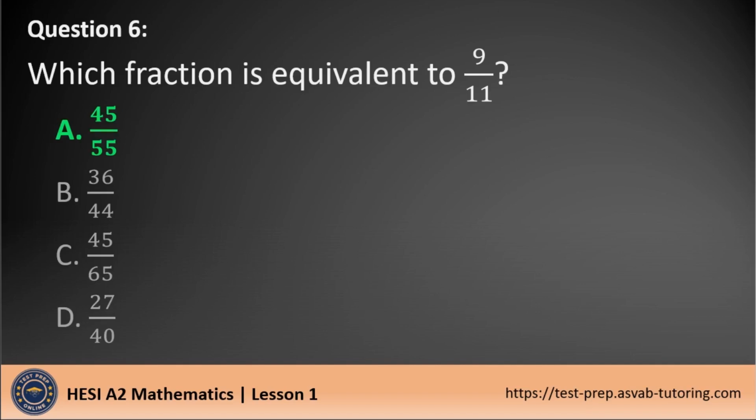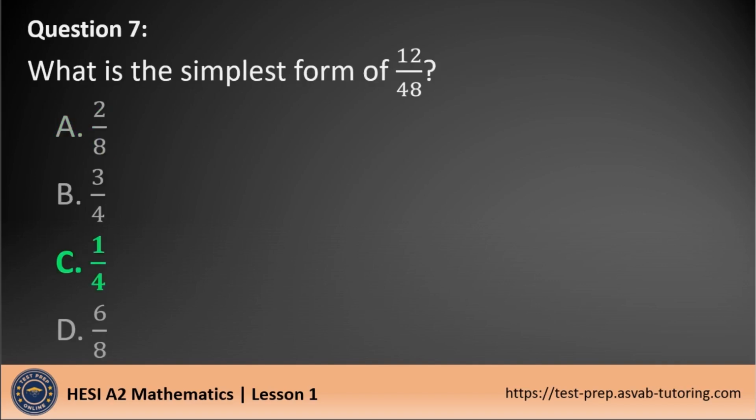Let's go to question number 7. So here, what is the simplest form of 12 divided by 48? So first write down 12 divided by 48. So here the 12 is a smaller number than the 48.